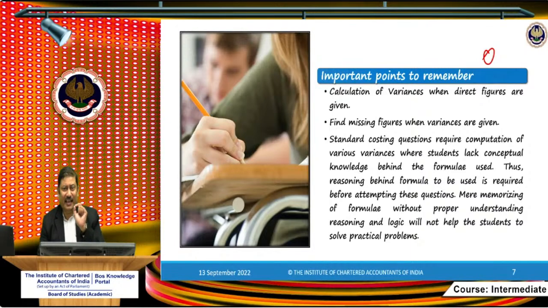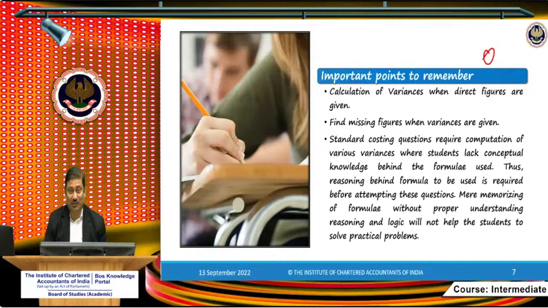When you are calculating the variance figure, try to understand what figures are given and what figures you need to calculate. Sometimes when we are calculating the revised budgeted time or revised budgeted quantity, have a look at what you need to do, and please practice those kinds of questions.